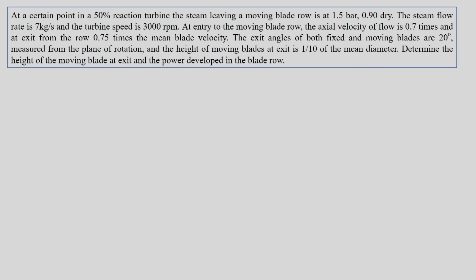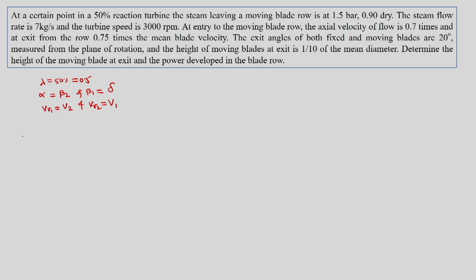In this example we are again told that lambda is equal to 50%, which is 0.5. So alpha is equal to beta 2 and beta 1 is equal to delta, VR1 is equal to V2 and VR2 is equal to V1.